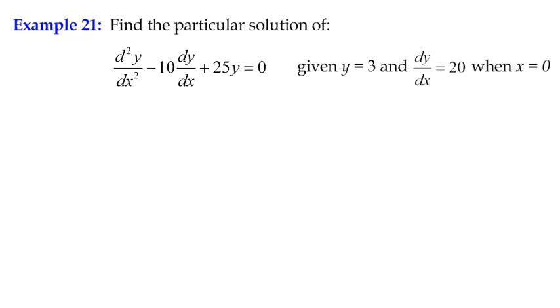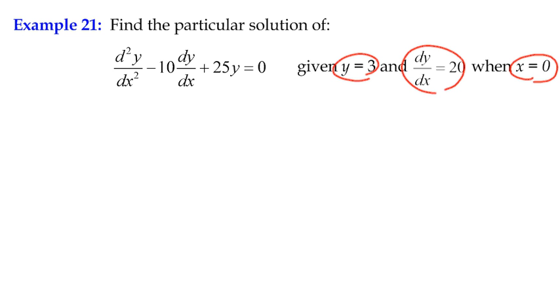Okay, so here we go, example 21. This is a particular solution. We're back to a homogeneous differential equation, so that's a little bit easier. But we're given 3 bits of information now, which is different from a first order differential equation. We're given information about a value of x, and y and dy by dx.